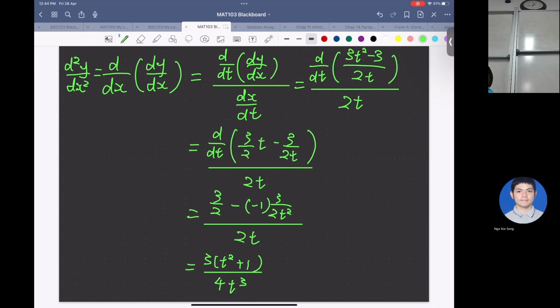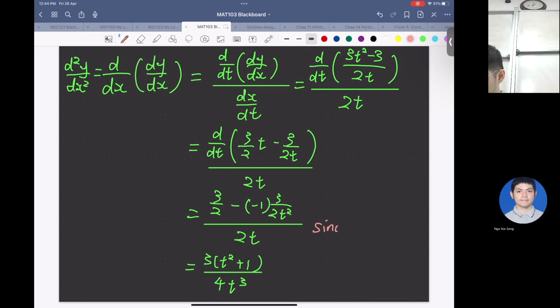To be positive, right? So you can see that the numerator is always positive. So what always controls the sign is the denominator, right? So if t is positive, then t cubed is also positive. If t is negative, then t cubed is negative. Okay, so good.